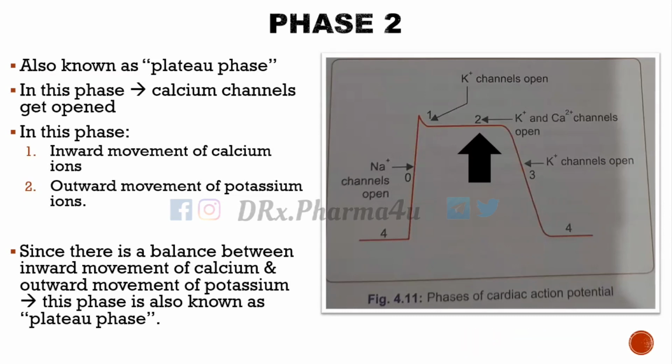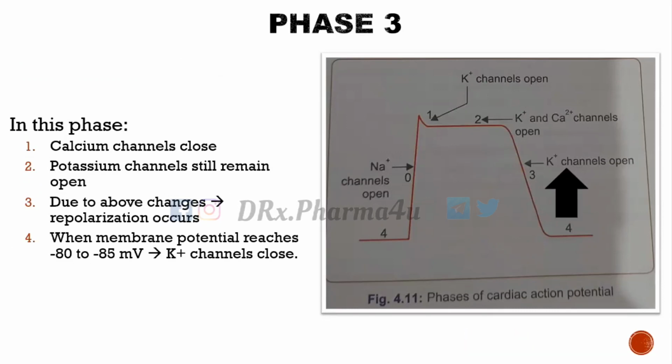So same thing happens here also, that the amount of potassium that is going outside the myocardial cell is exactly equal to the amount of calcium ions that is entering into the cell. So LHS is equal to RHS. So as a result of which, this phase is also known as plateau phase. So you can see it from the arrow mark very clearly.